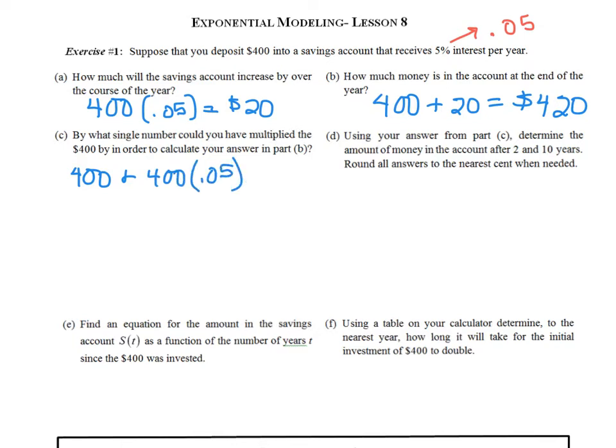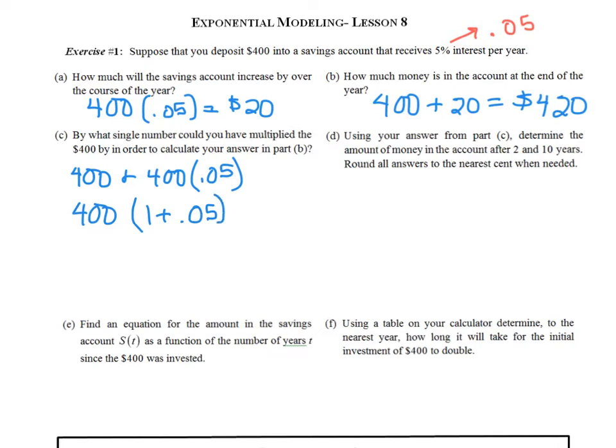Now if we look at another way to write that calculation, I see that there's a 400 in both parts of this sum. So I can go back to beginning algebra and say, let's factor out that 400. And if I do that, 400 would be multiplied by 1 plus 0.05.